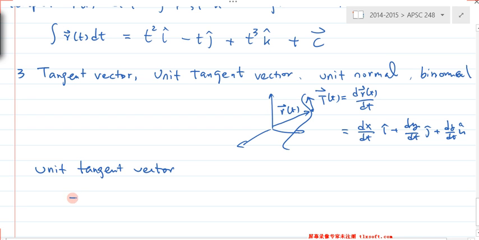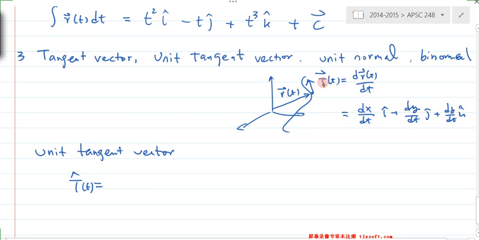For the unit tangent vector, we always use a hat symbol to represent a unit vector. It's still going to be a function of t. All we need is to normalize that, and that gives us a unit tangent vector.